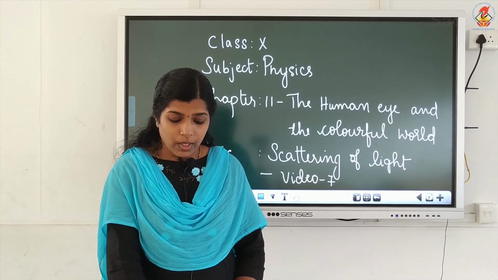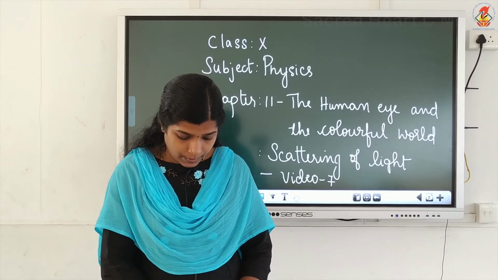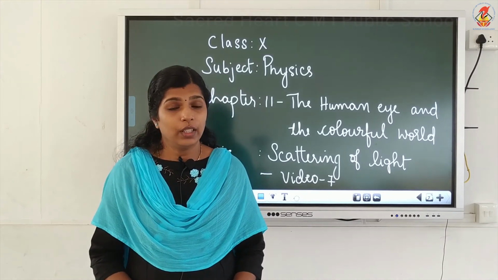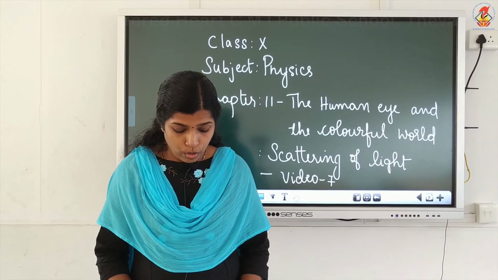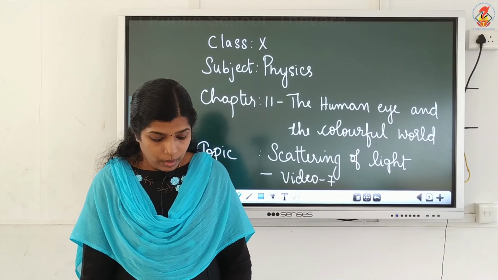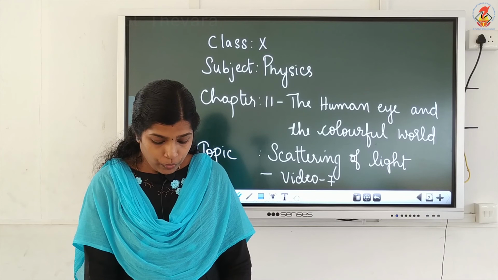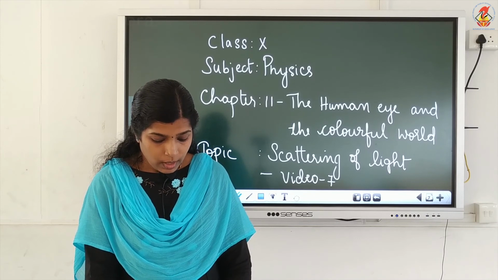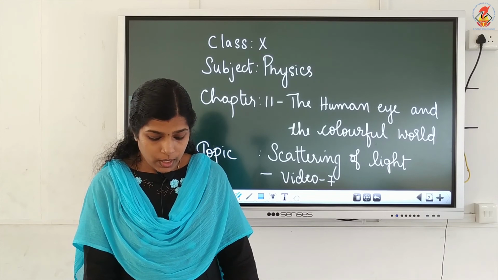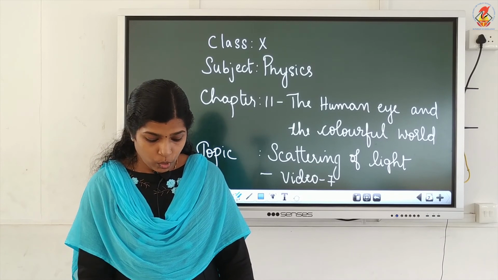An activity is given in your textbook, page number 196, that is the scattering of light in a colloidal solution. What you have to do is place a strong source of light at the focus of a converging lens. The lens provides a parallel beam of light. Allow the light beam to pass through a transparent glass tank containing clean water.